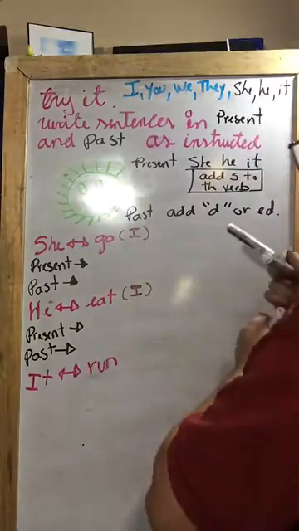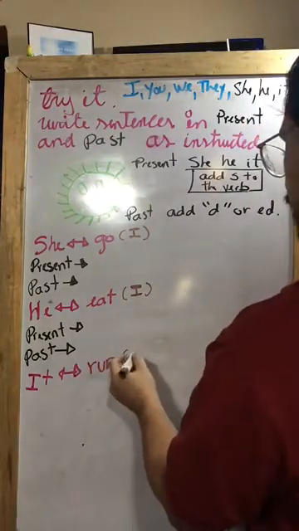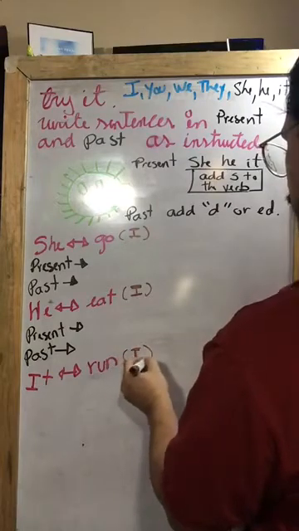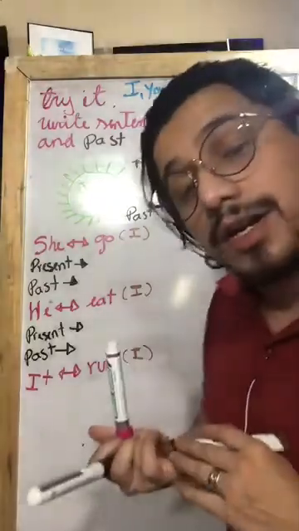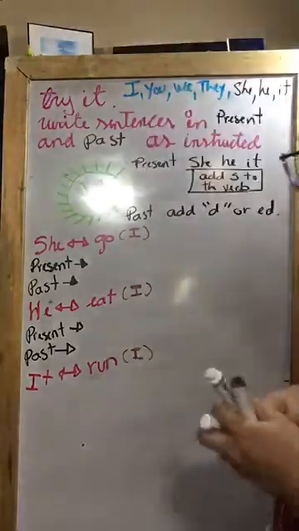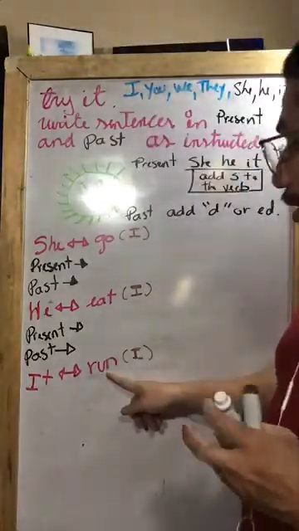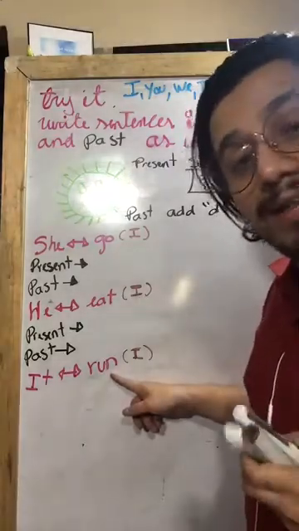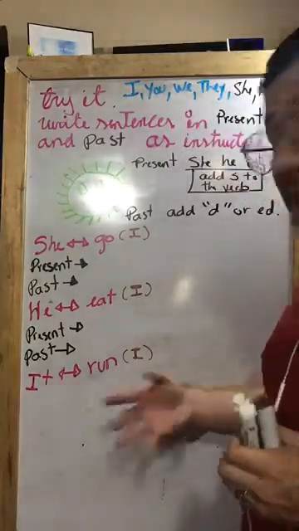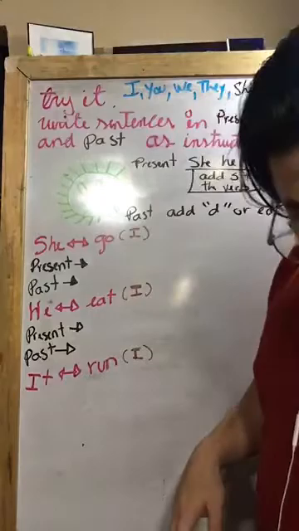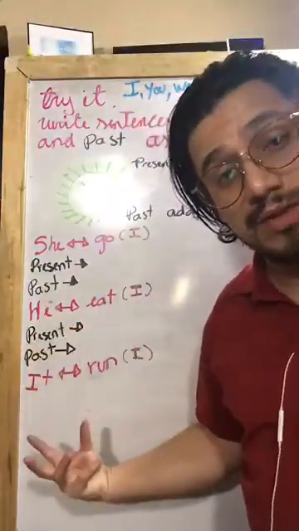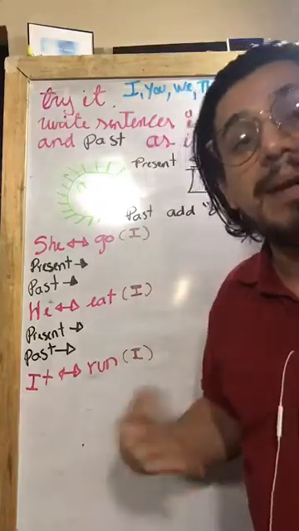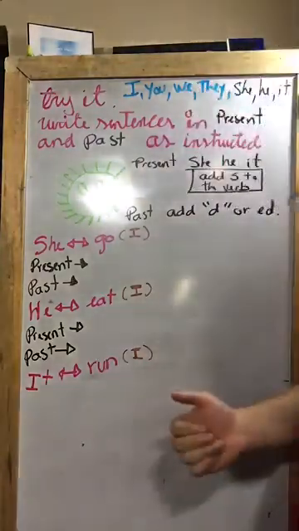Again, run is irregular, so we know that the past tense of this is not gonna be the same. We cannot write run it. The past tense of that is different. So either you can research it if this was a classwork, but I'm giving you all the answers right now, or you can just learn it by memory so you can remember it.